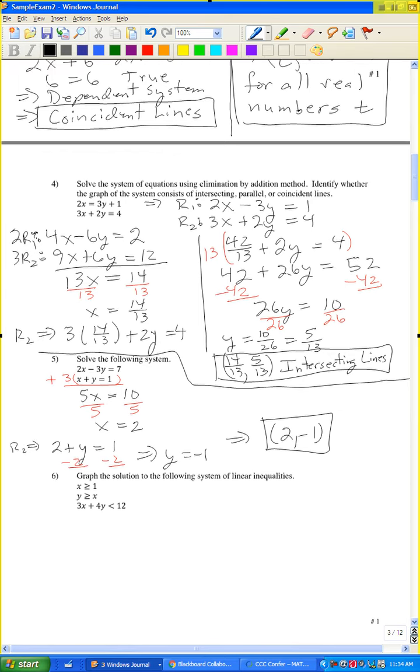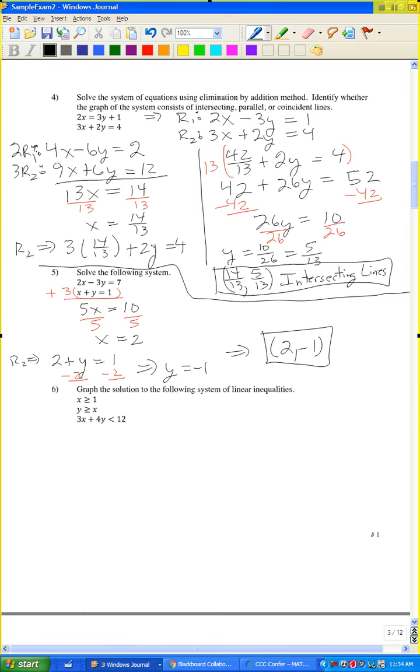So graph this. Notice that x greater than or equal to 1. This will be a vertical boundary line.